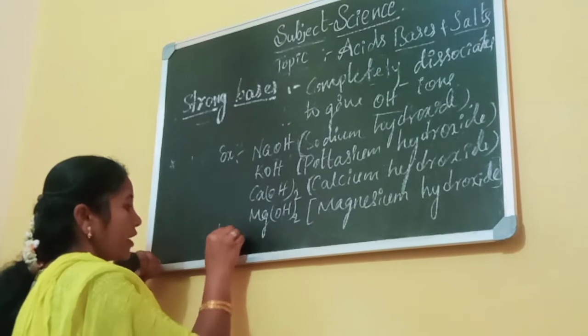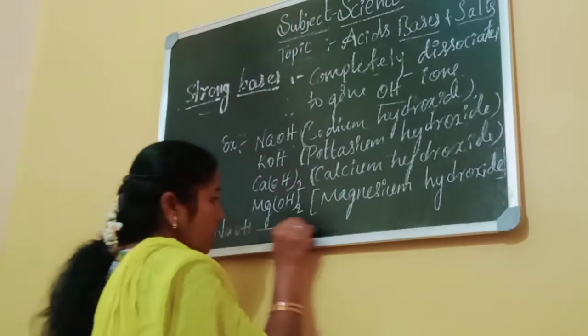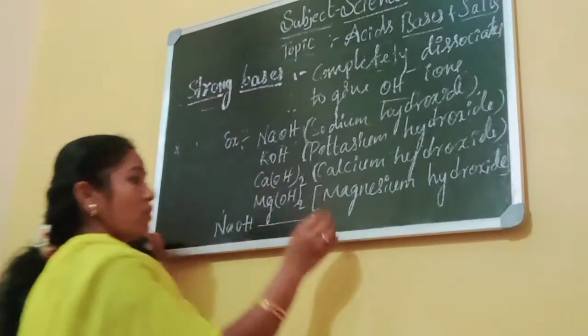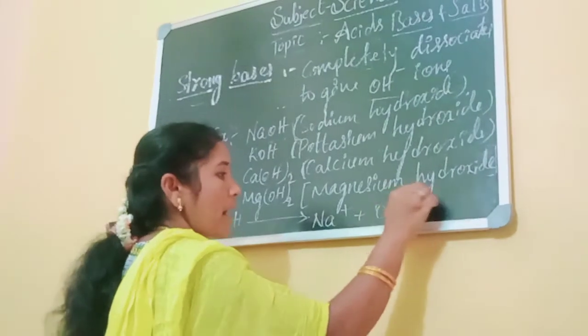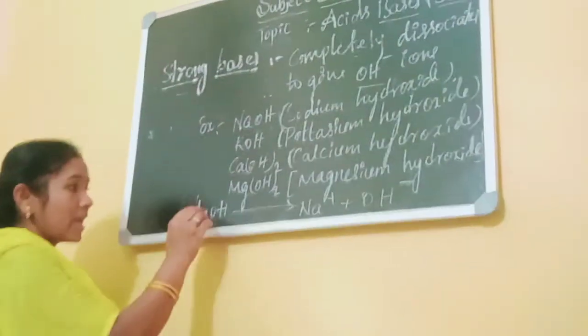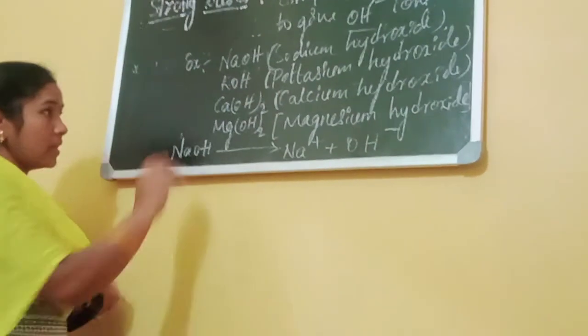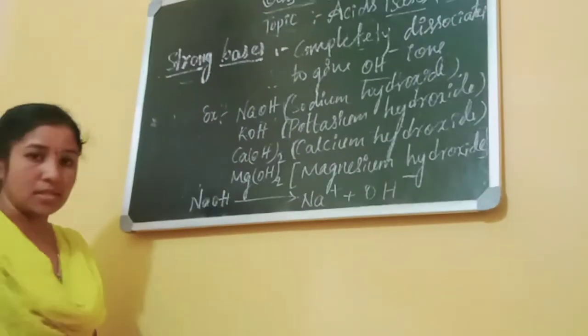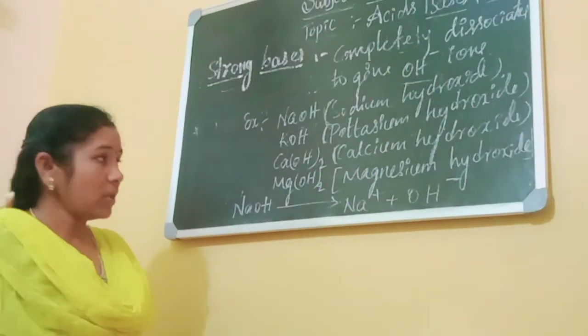Sodium hydroxide undergoes dissociation to form Na plus and OH minus. Like that, bases that completely undergo dissociation are called strong bases. Every strong base behaves the same way.